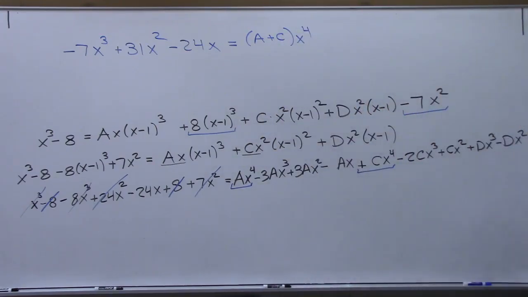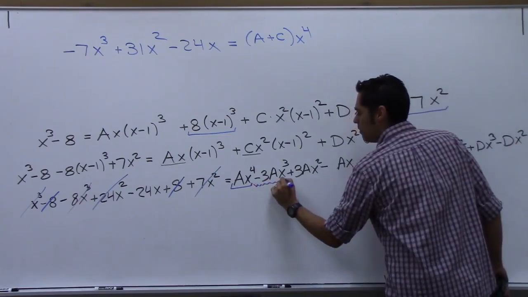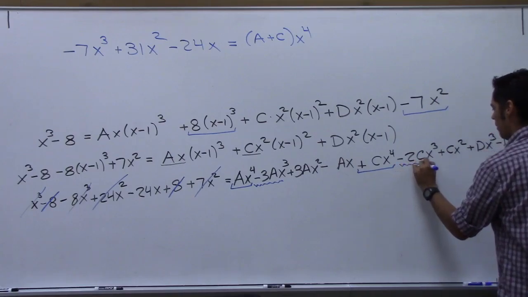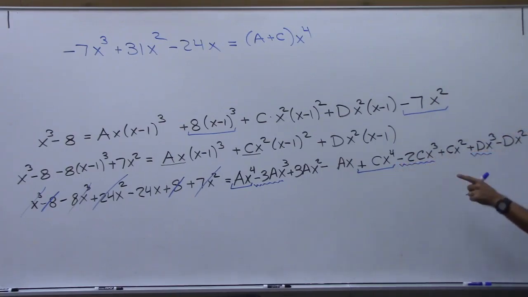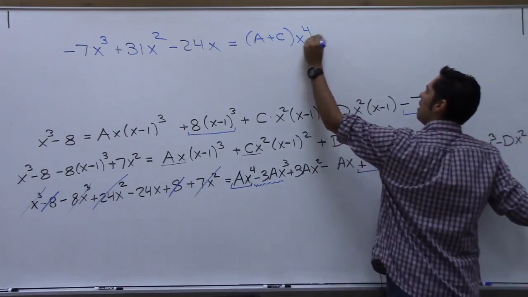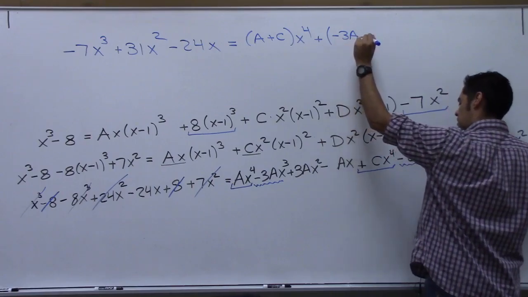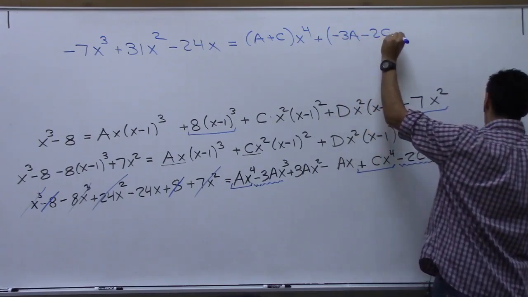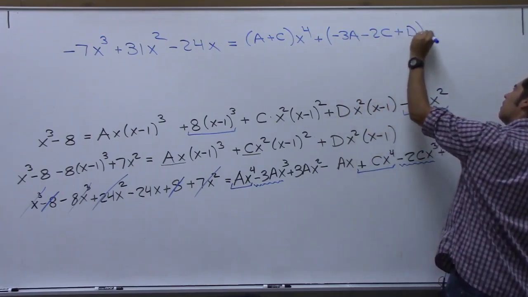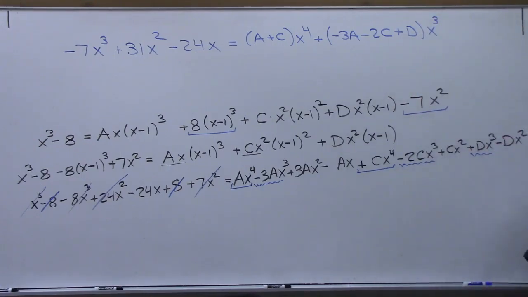I mean, it's not that fun. And then the thirds: negative 3a minus 2c plus d, x cubed, right? Okay, x squareds.